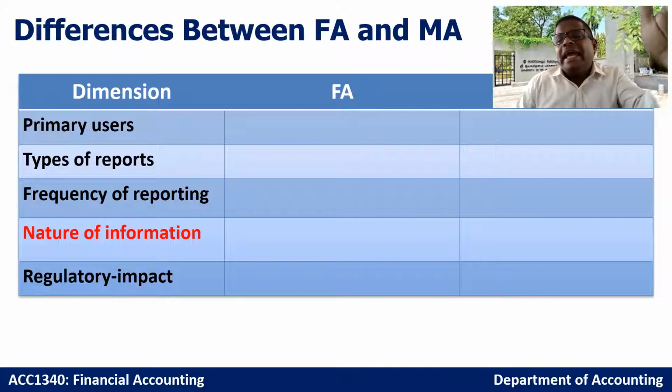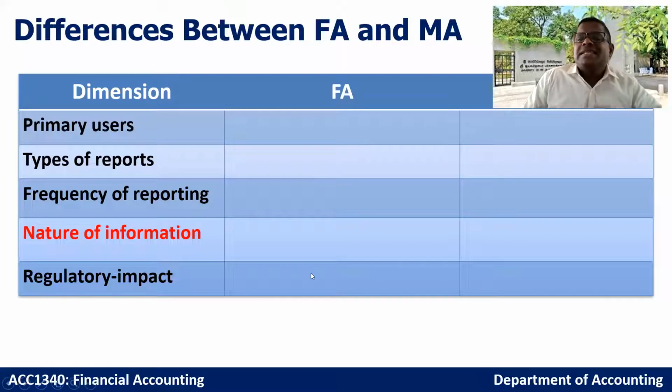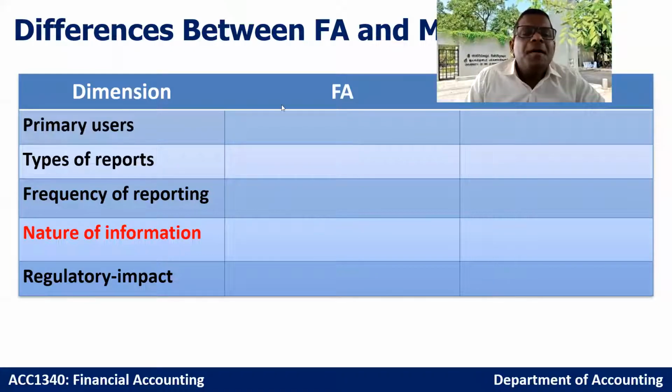You can list n number of variables, not only 5. You may list 10, 12, or 100, depending on your understanding. But for this class, we have selected 5 variables, and we will take a few minutes to list out all these differences.